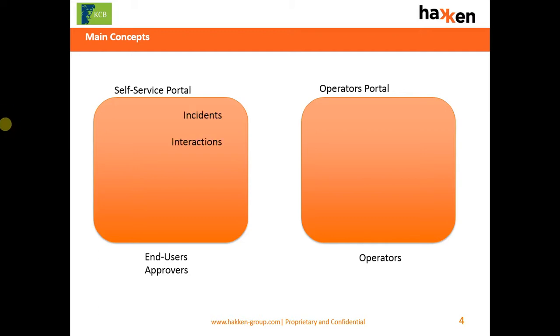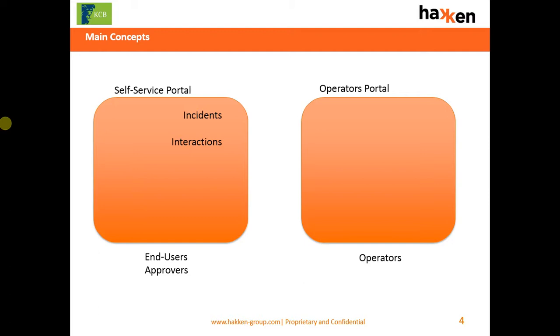So this self-service portal will be hosting two types of records, incidents, okay, and service catalog interactions, okay. These interactions are records created when you submit a change or when you order a service request, okay. So these records will then move to the operators portal, or better, they will appear in the operators portal, okay.